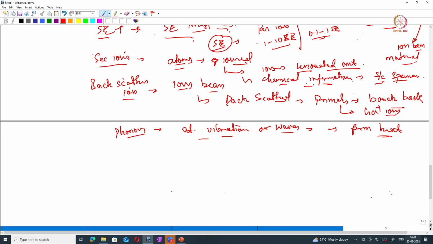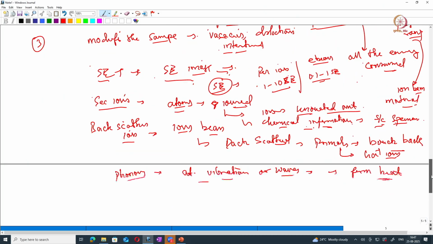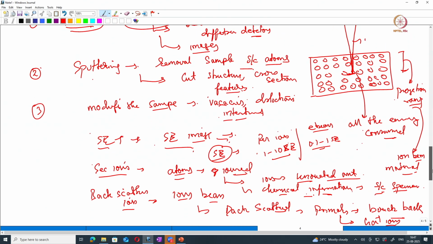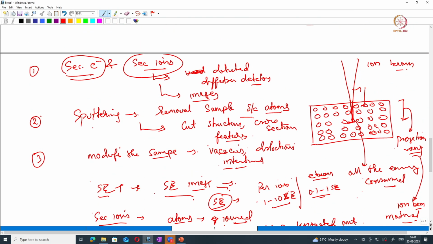So these are the basic emissions when your ion beam interacts with the sample surface.